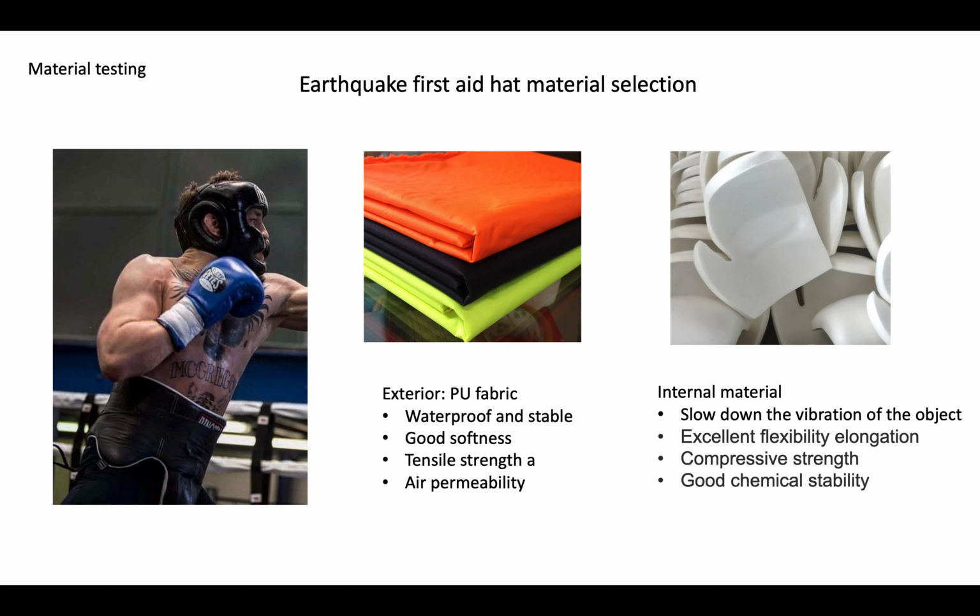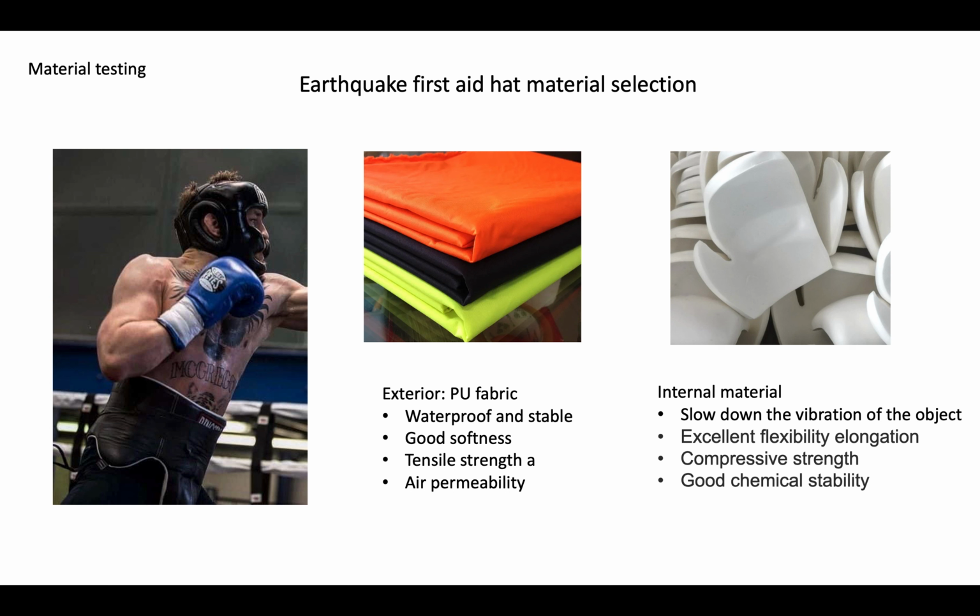I chose the following materials. Internal material: polyurethane foam. It has excellent flexibility, elongation, and compressive stress, good chemical stability, resistance to many solvents and oil, excellent wear resistance, and all the good performance of a buffer material.